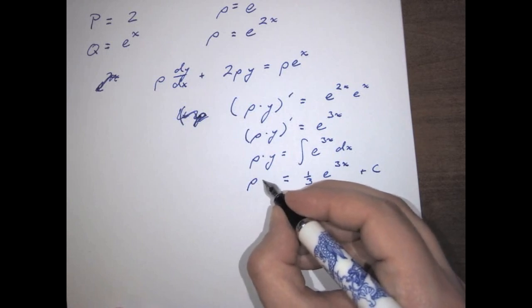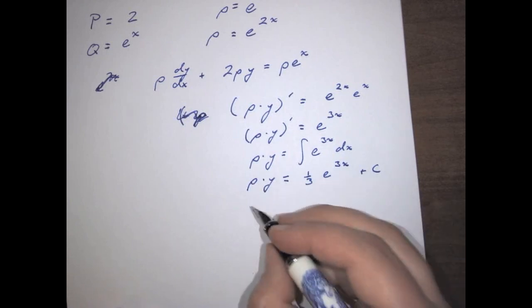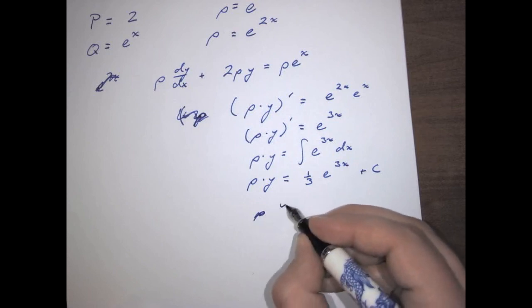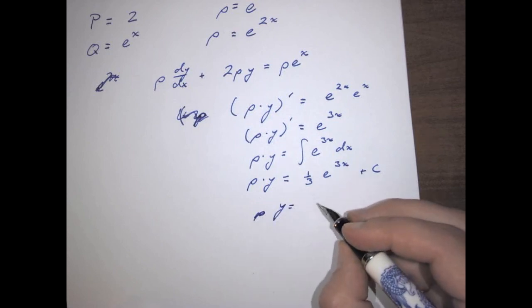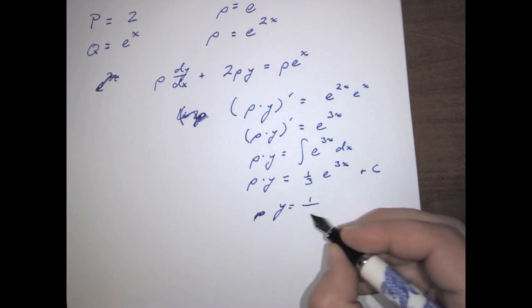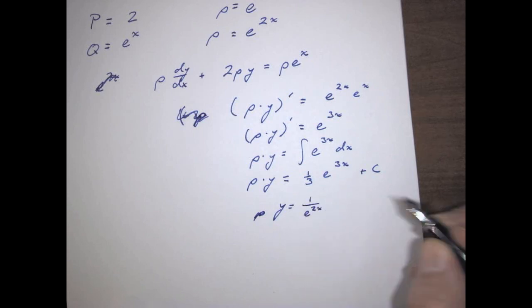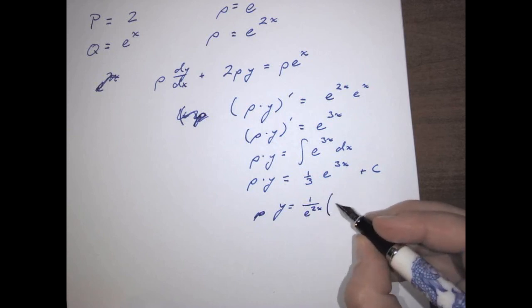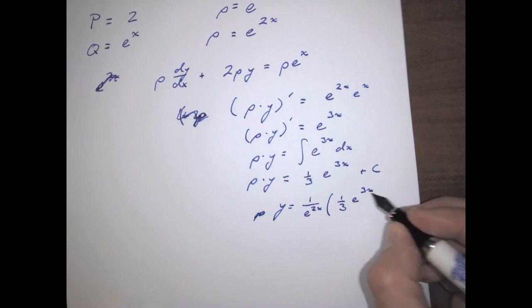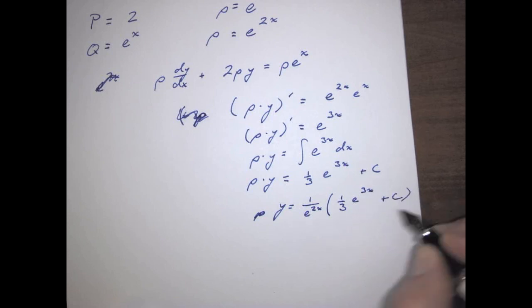That's still equal to rho times y, which then I divide both sides by rho, and I'm going to get y is equal to 1 over rho, so in other words, 1 over e to the 2x, times 1/3 e to the 3x plus c.